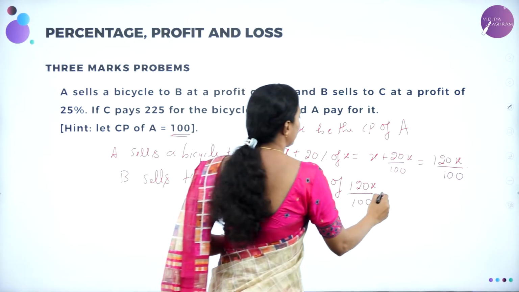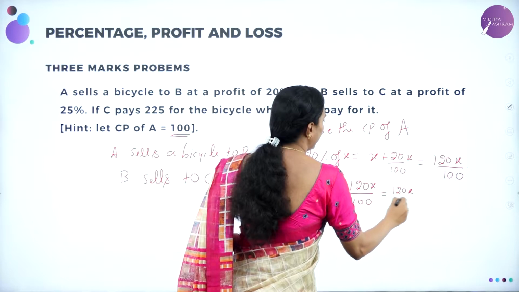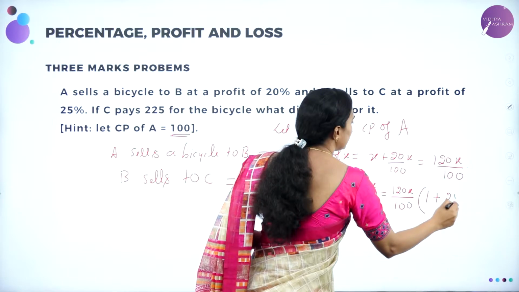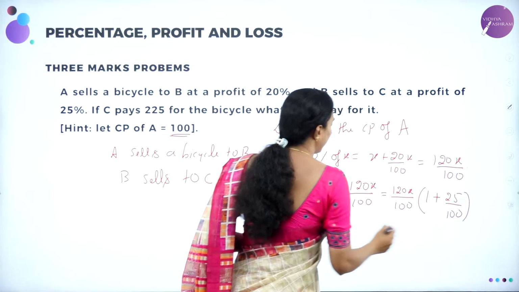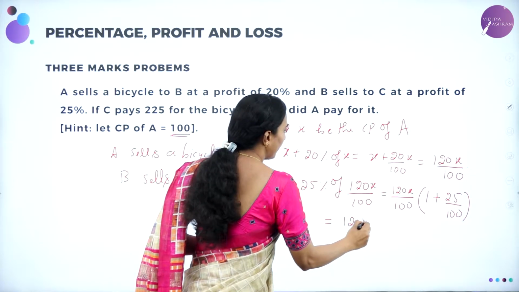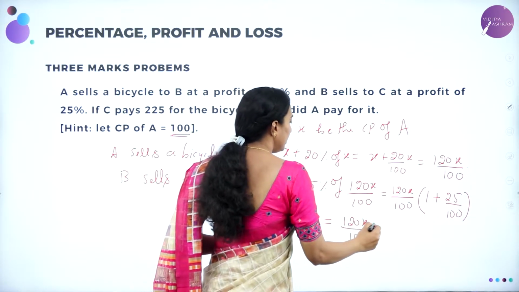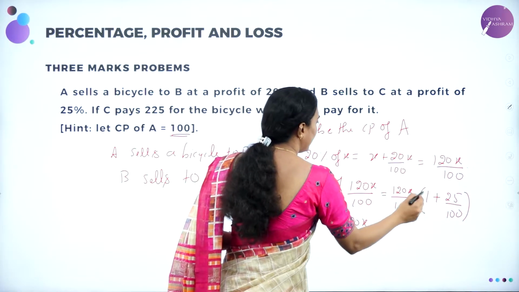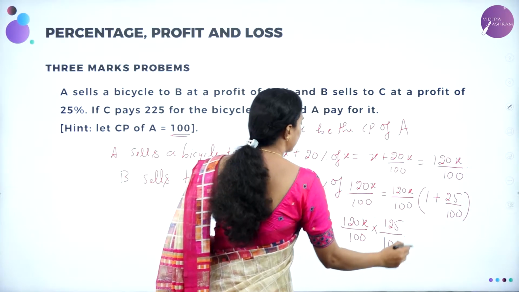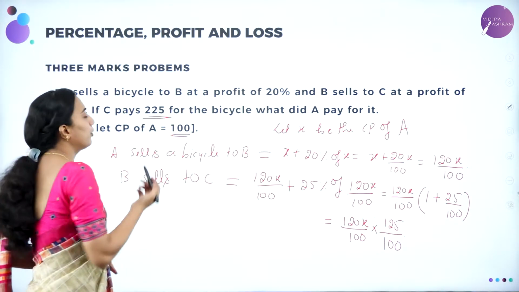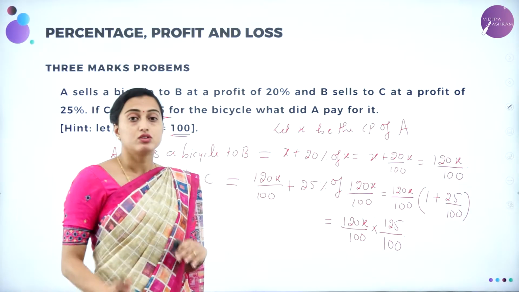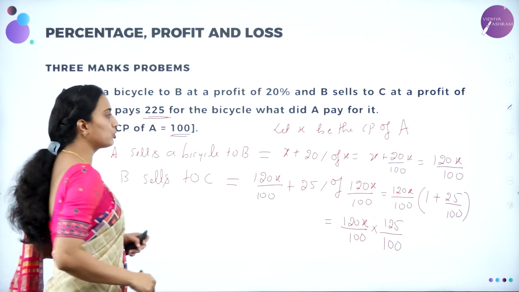If you take 120x by 100 as common, you are going to have 1 plus 25 divided by 100, which is equal to 120x divided by 100 into 100 plus 25, which is 125 divided by 100. Correct? C pays 225 rupees. Therefore, you can equate this to 225.